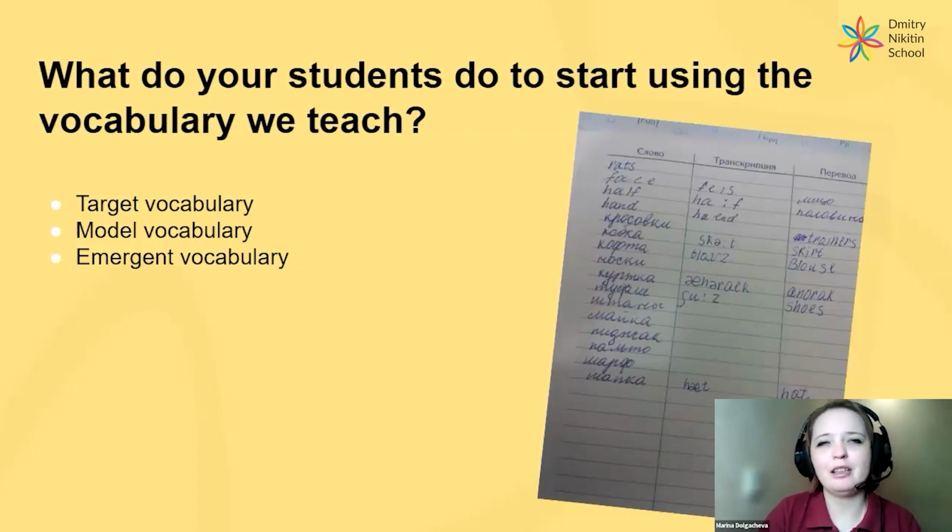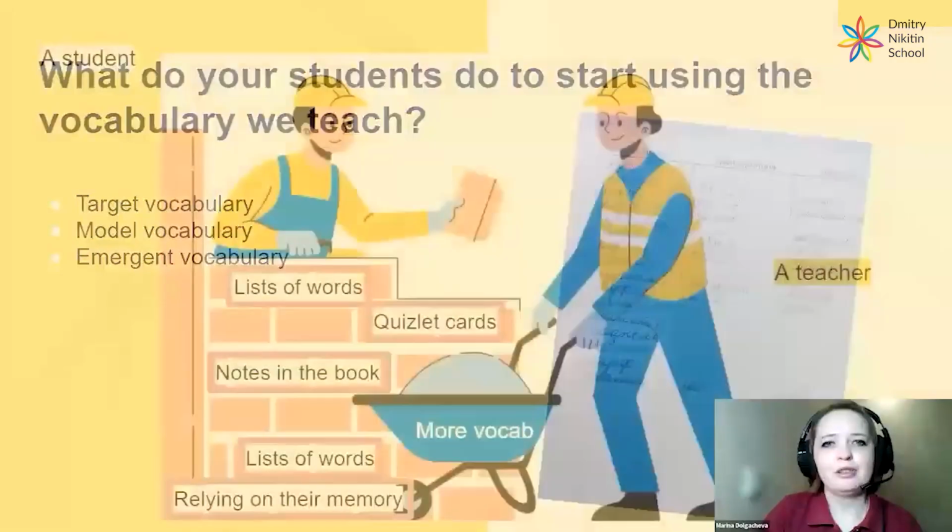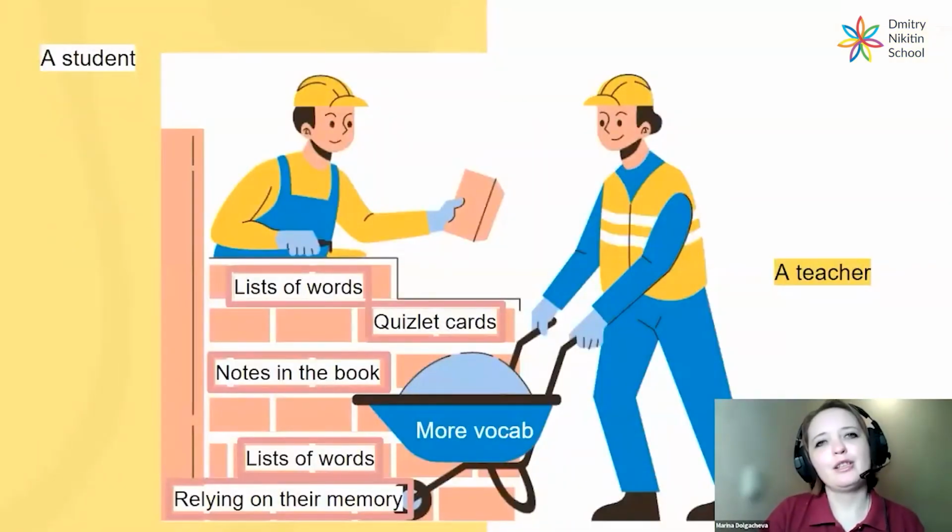So the basic activity that we ended up doing with those vocabulary notes was that we wrote them down, and next lesson we had some spelling test with them, and that's basically it. What else can our students do to try to learn and to try to use the vocabulary?